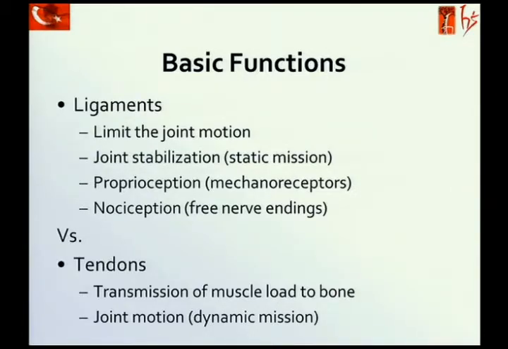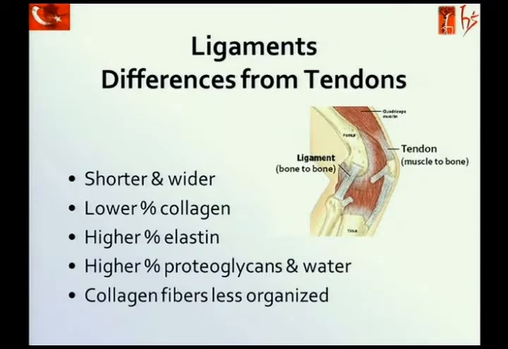If you compare tendon and ligament, tendons are shorter, with a lower percentage of elastin and higher collagen. A higher elastin content is always the ligament, because there is no elasticity in the ligament like in tendons.